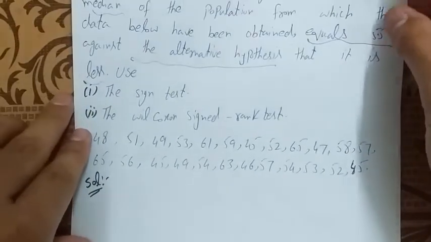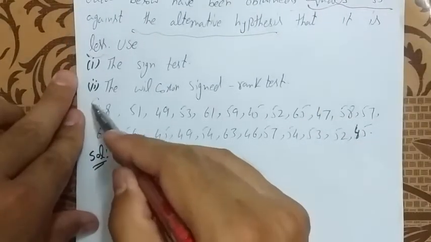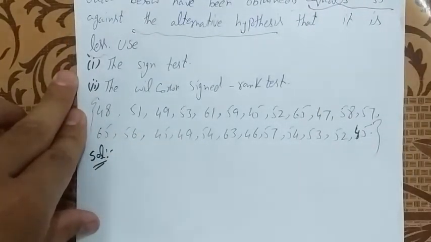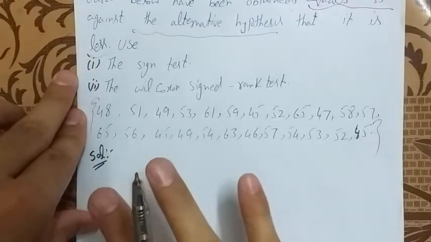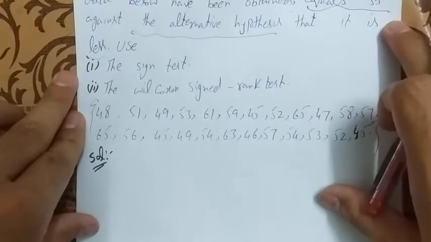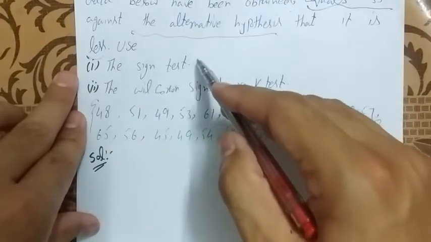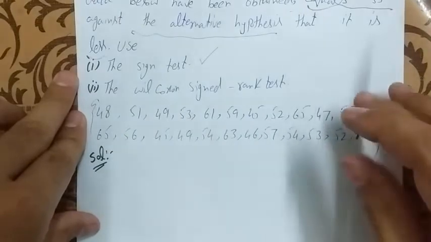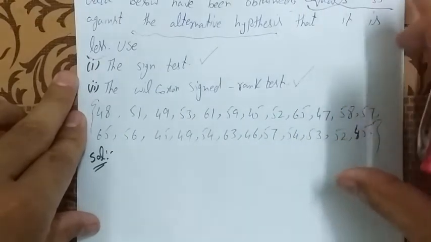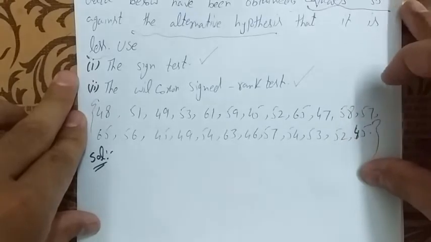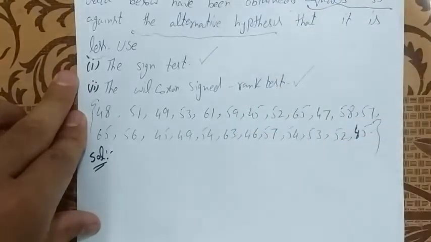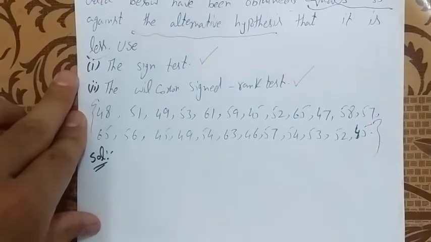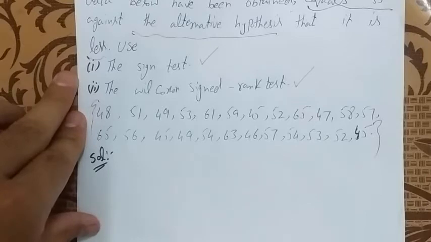Students, the data are given like this, and you use two tests for solving this problem. First, you solve the sign test, and after that you apply the Wilcoxon signed rank test on this problem and then compare the two results, to see which test gives the more accurate result.